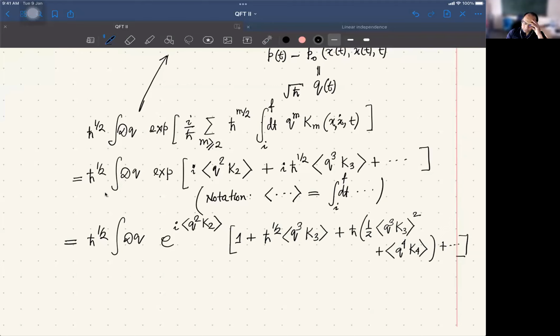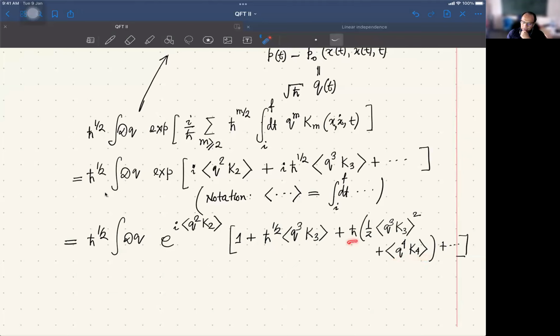See, e to the power of this quantity will have 1, and then the entire series will come down. That is 1 plus ħ^(1/2) q³ k3 and higher order. Higher order in the sense the next one is ħ times q⁴ k4.